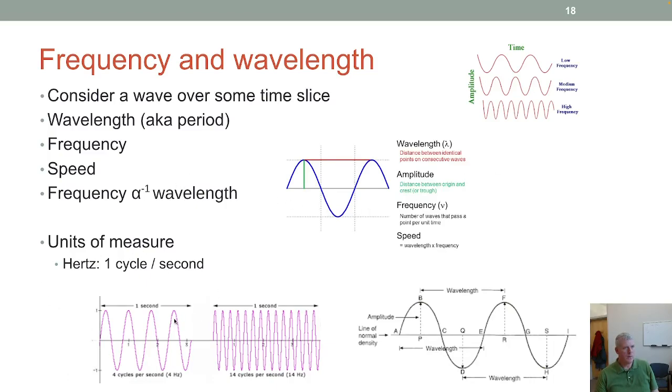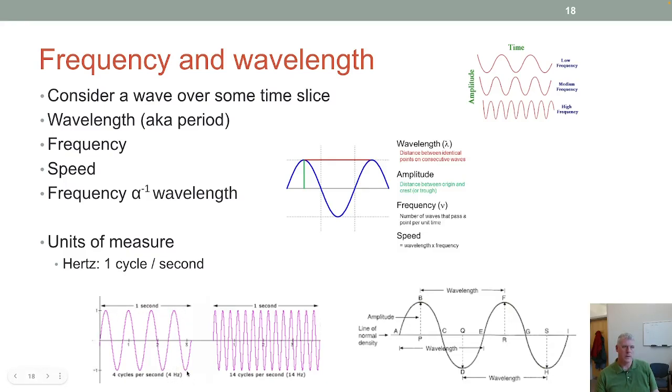So down here in the bottom left, we have hertz. Hertz is how many cycles, that is how many peaks, or from one peak to the next is a cycle. How many of those are there in 1 second? So here we have a 4 hertz sound, or not a sound, it's a wave. I don't think we would hear this. It's only 4 hertz. We have 4 cycles or 4 peaks in a second.